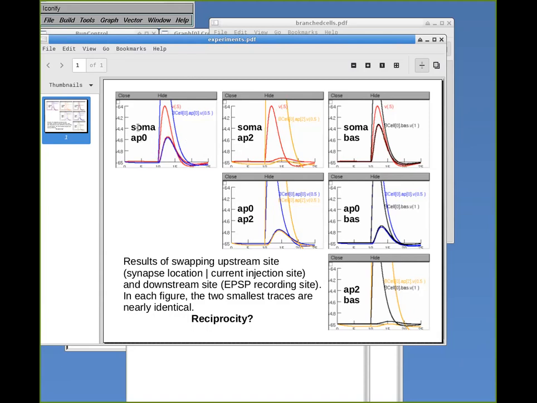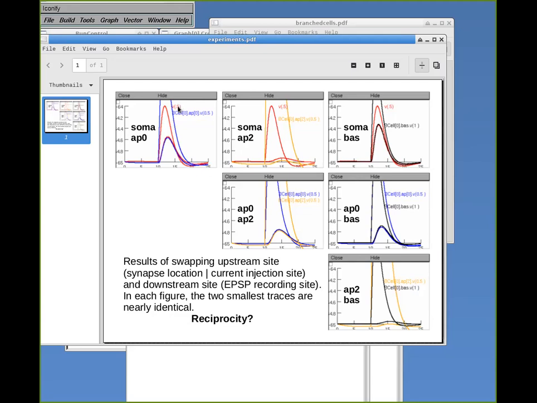So when I had a synapse attached to the soma and I was recording the EPSPs at the soma and A equals 0, or switching that, the synapse would be at A equals 0 and then recording at the soma. These are the results that I got, and you can see where the upstream electrode was, where the synapse was attached to, because that's the one that has the bigger trace, okay?